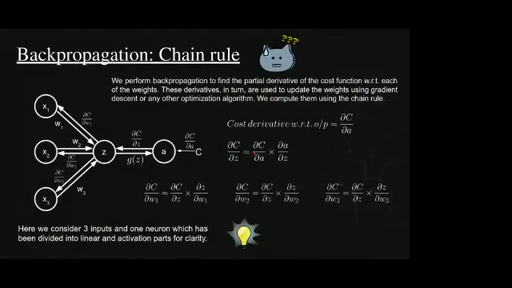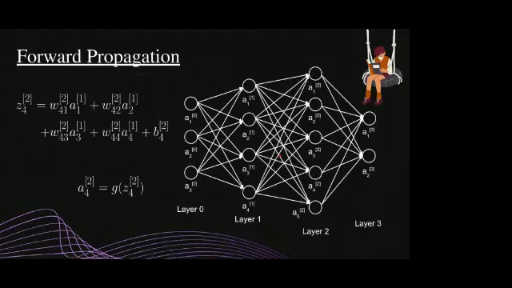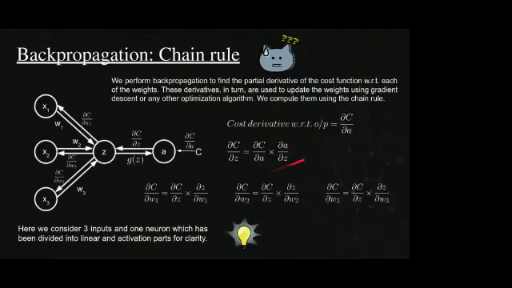We expand this ∂C/∂z into these two terms, and so we get the value of ∂a/∂z. This is something we already got. ∂a/∂z is something we calculate, because if you remember here, a is a function of z. So this is direct.